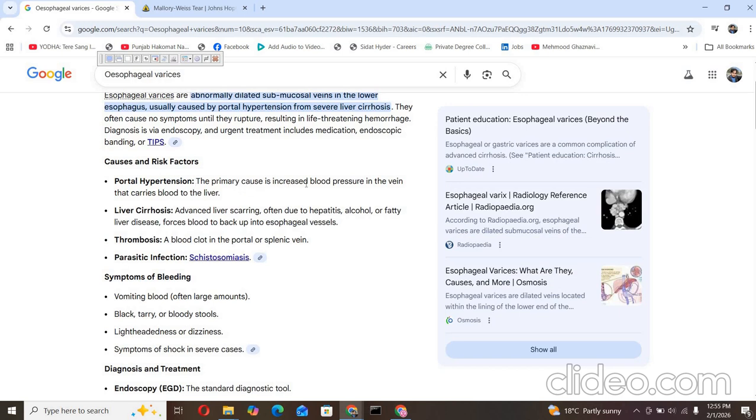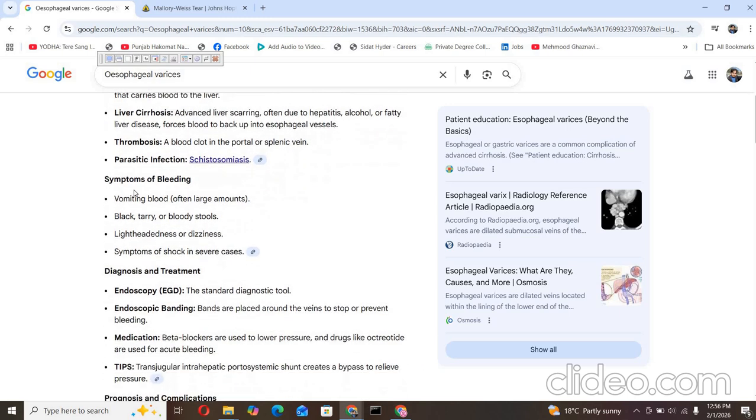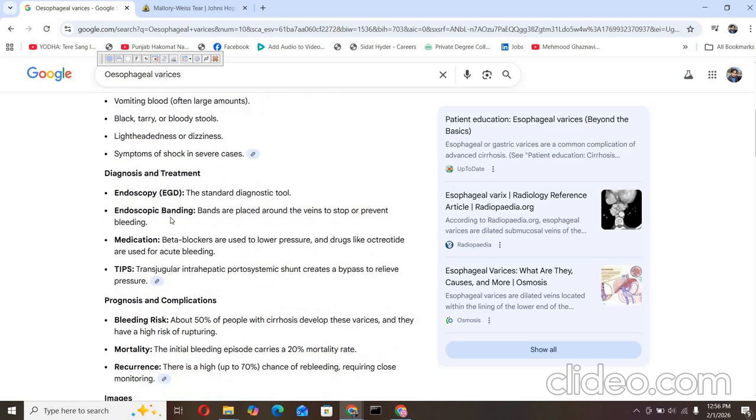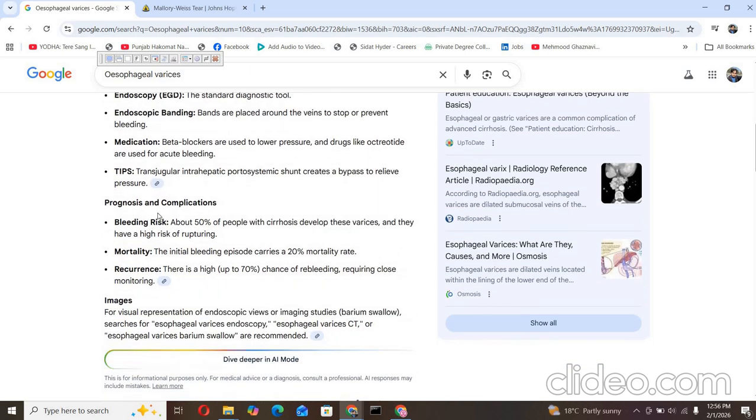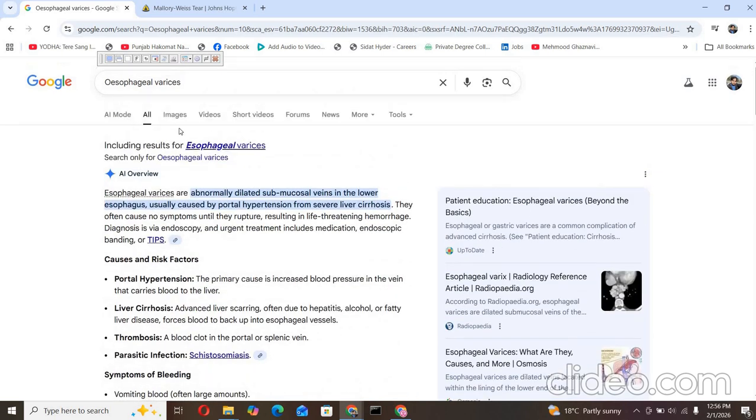Treatment is through endoscopy and medications. An esophageal varix is an enlarged vessel in the esophagus, often caused by severe liver disease that leads to high blood pressure in the portal vessels, portal hypertension.